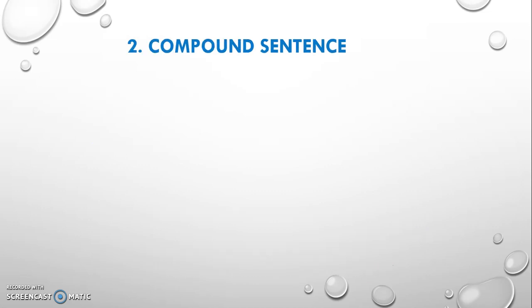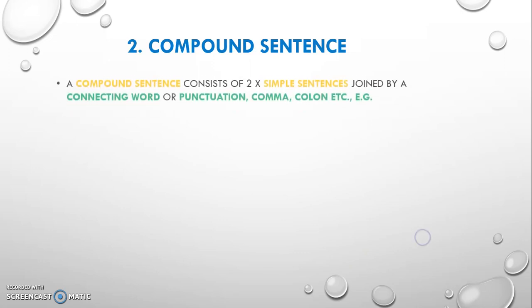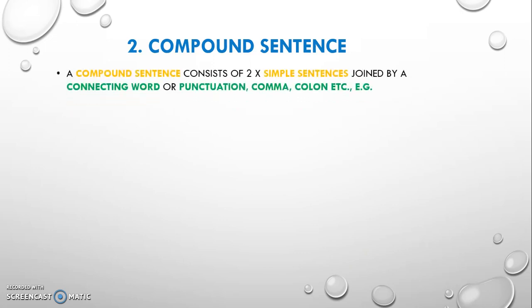Number two is called a compound sentence. A compound sentence consists of two simple sentences joined by a connecting word, punctuation like comma, colon, etc. Now, the first example here is we're using a comma. You remember in school you're taught a comma is a natural pause.